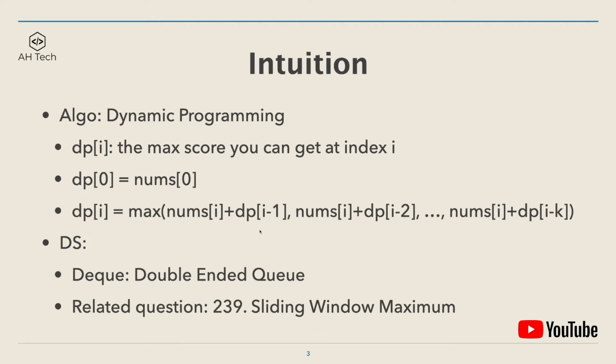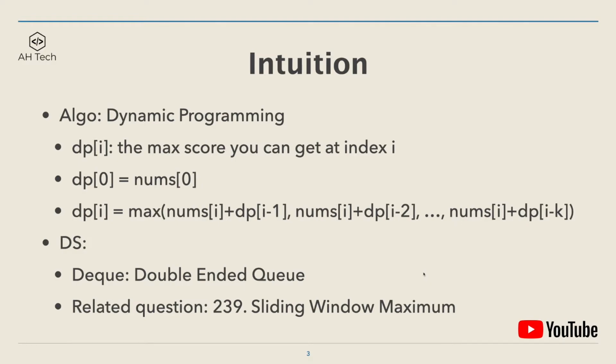So as you can see, the key part is to keep track of the maximum of the DP array in a sliding window. So the data structure we can use is a deque, which is a double-ended queue. And for the deque data structure, we're able to pop elements from the left or from the right.